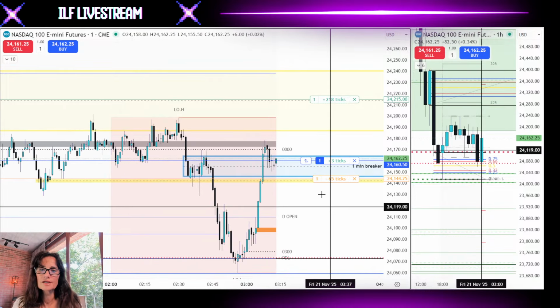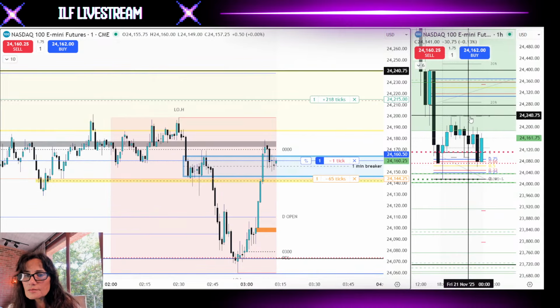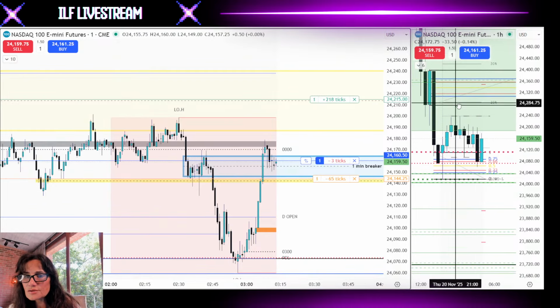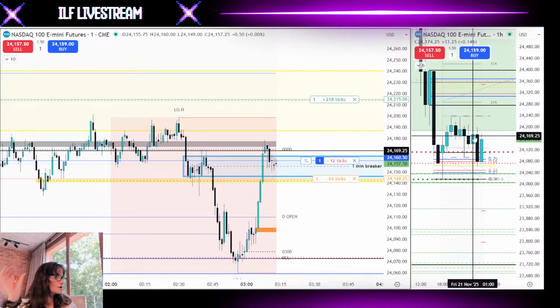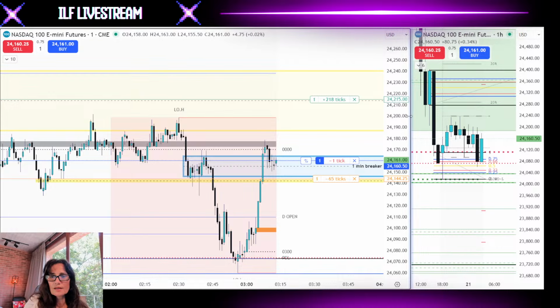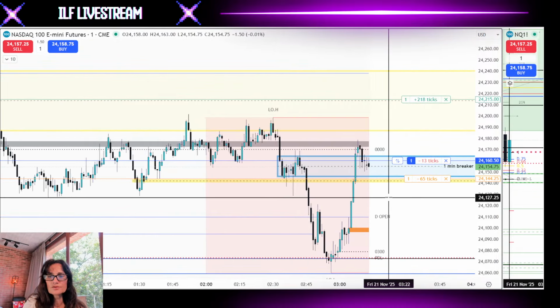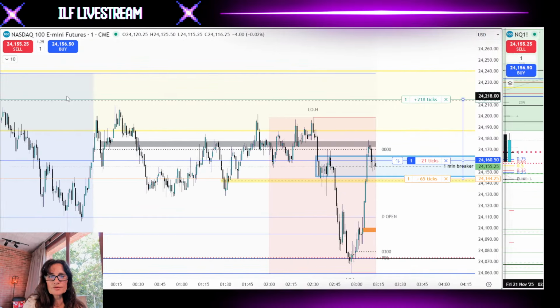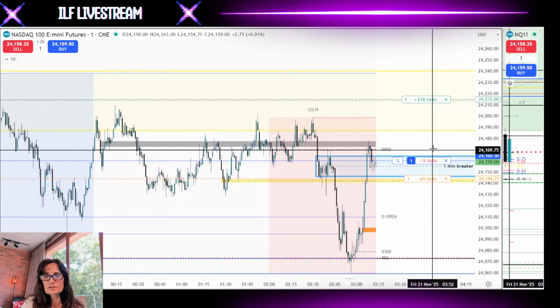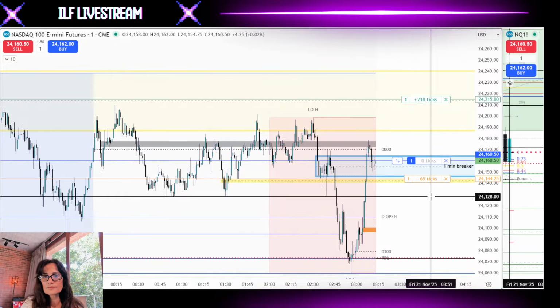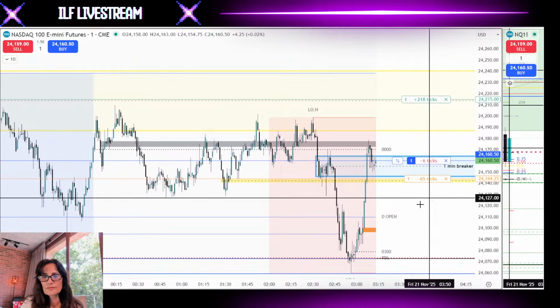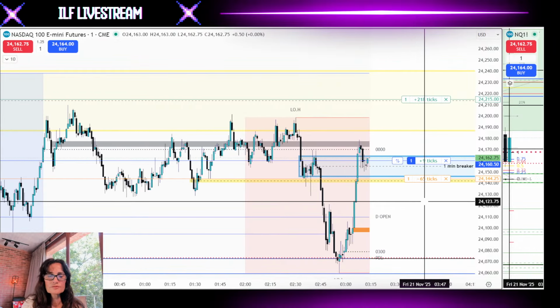I do think we're going higher. I just don't want it to go above 20% before AM session. And maybe also I don't want them to take Asia high, to be honest. So I'm good with that.